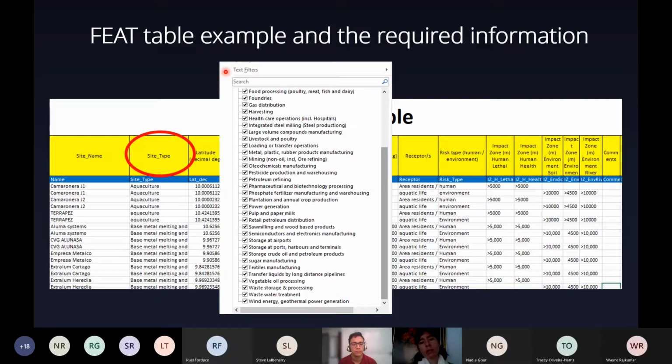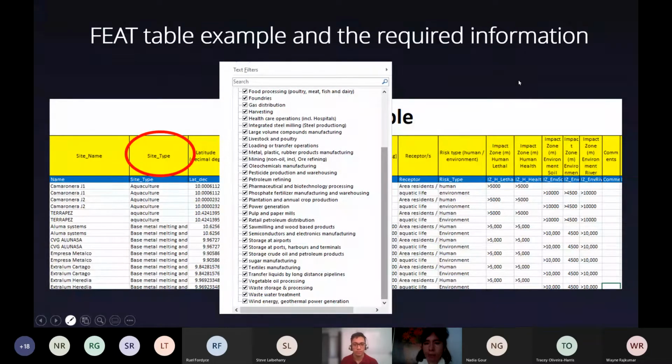And this is mainly what we are asking for. I don't know if you have any questions about what kind of information we are requiring at this moment. But of course, if you have any doubt about that, you can contact us at any moment.